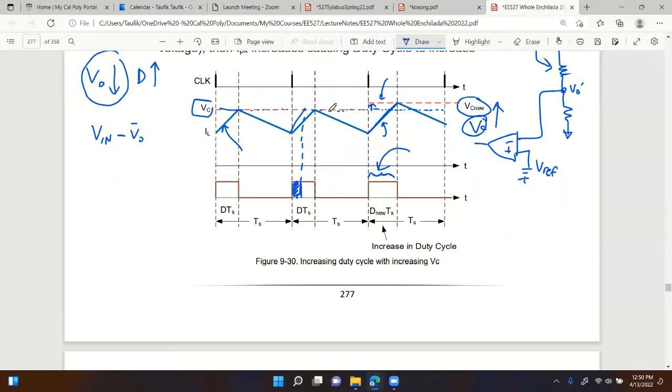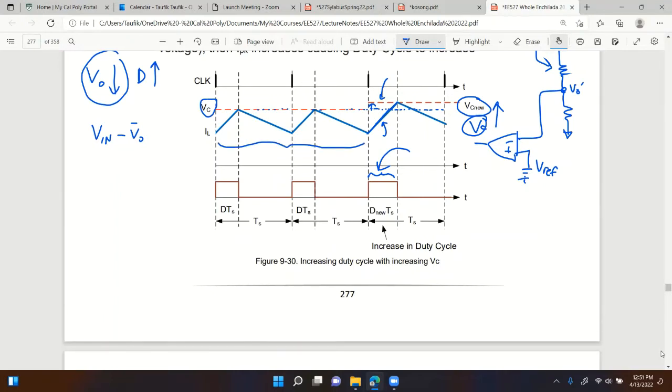See that? So if I go back to this picture, input voltage changes, output voltage stays the same. So VC right here stays the same as well, just like these two cycles right here.